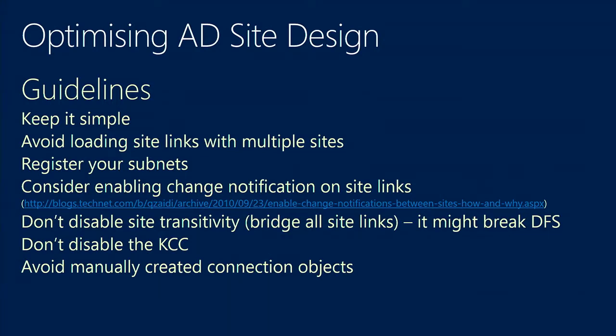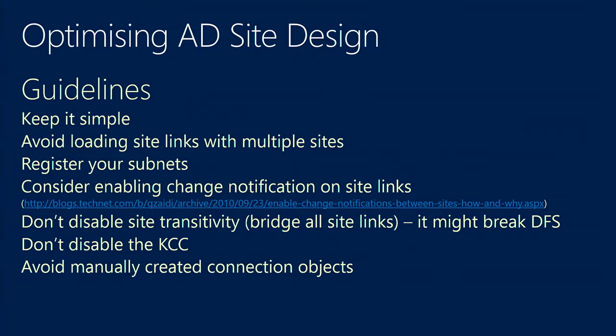So if you have a monitoring solution in place, monitor and alert on those missing subnets through the event. If you don't have monitoring in place, all of those missing subnets are also logged to the netlogon log, which is a text file on each domain controller. So periodically have a look at that and register each missing subnet with its appropriate site.